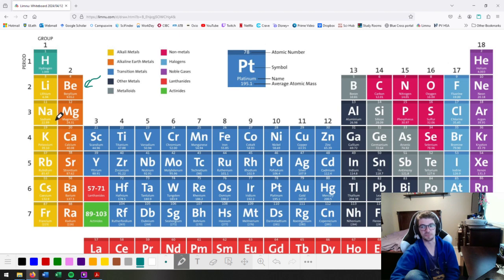So the quickest and easiest way for sodium to get to a noble gas configuration would be to lose one electron. And it's very, very good at doing this. Sodium holds very, very loosely to its one valence electron that's in the 3s shell.